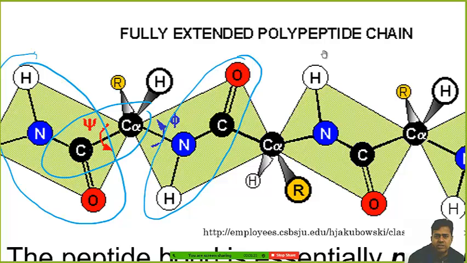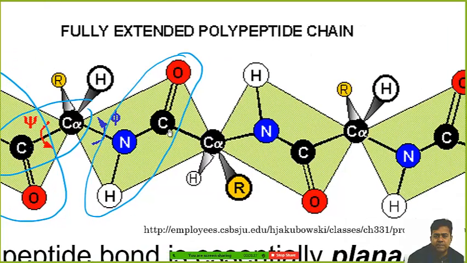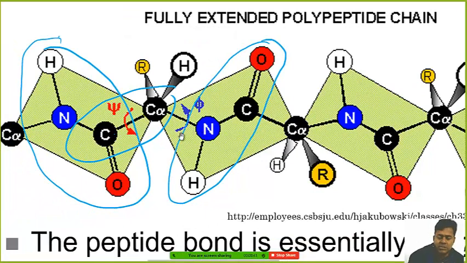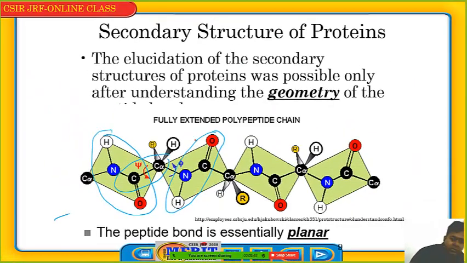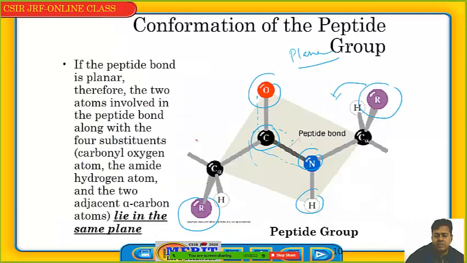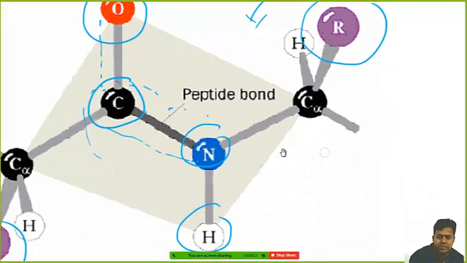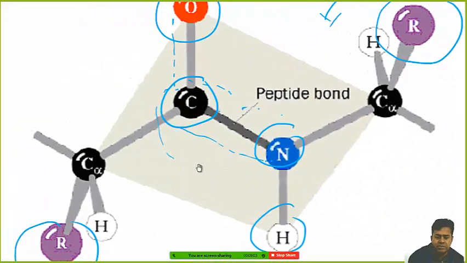So this is the fully extended polypeptide chain, and you can see the arrangement of the chain based on the interaction, peptide bond formation, right? That is important. So they observed this geometry, they understood this geometry, and then they found that some may be cis configuration, some may be trans configuration, right? And we'll see here, this is totally a planar structure, right?